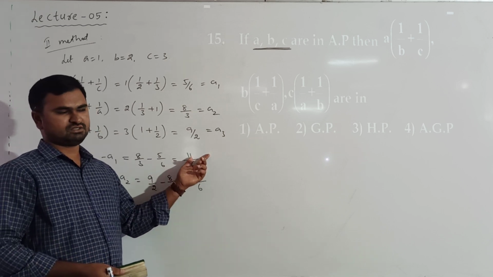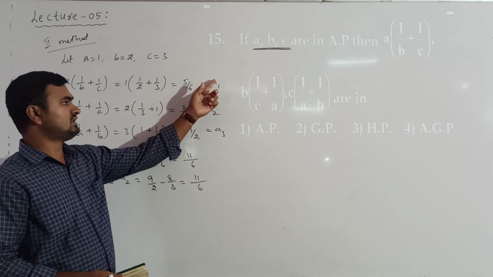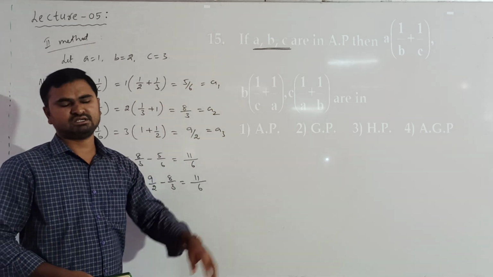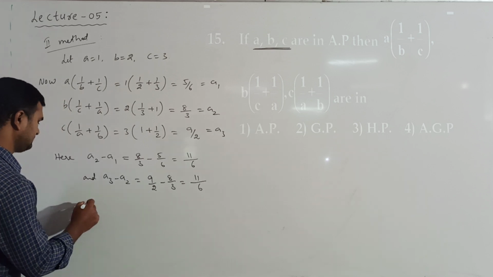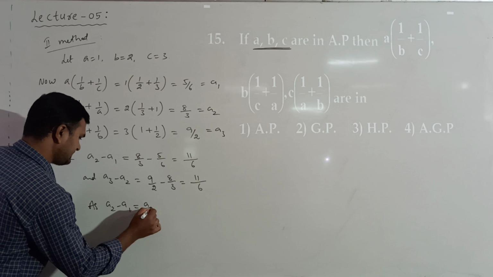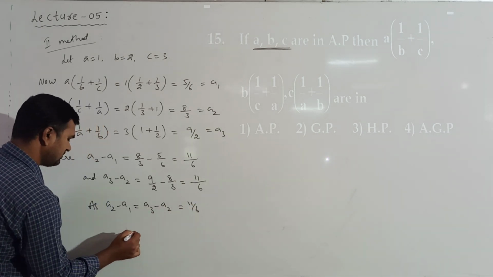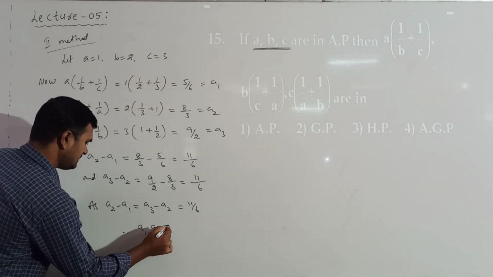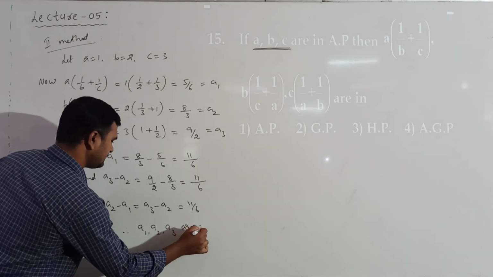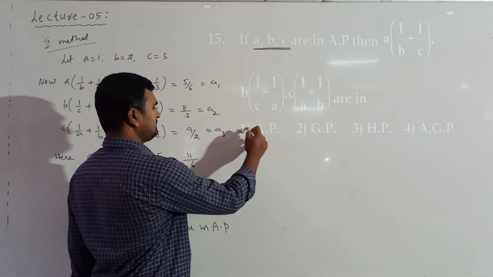So these three terms are forming the AP, as A2 minus A1 is the same as A3 minus A2, which is 11 by 6. So therefore the given terms A1, A2, A3 are in the AP. So the required answer will be AP.